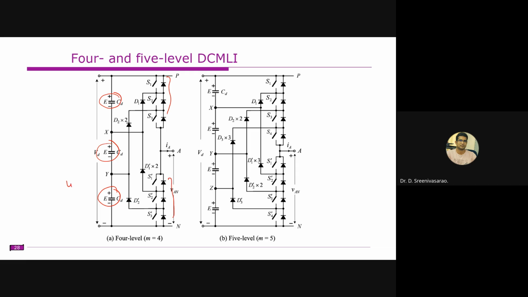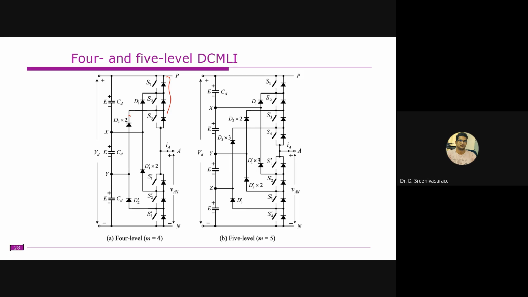This is for 4 level, and there are four DC sources here, and so we have four switches on top and four switches on the bottom. That will generate the 5 levels, right? So you have access to the midpoint between 1 and 2 DC sources, between 2 and 3 DC sources. We have points like X here, Y here, and Z here, and these are accessed through the clamping diodes. So these are known as the clamping diodes, right?